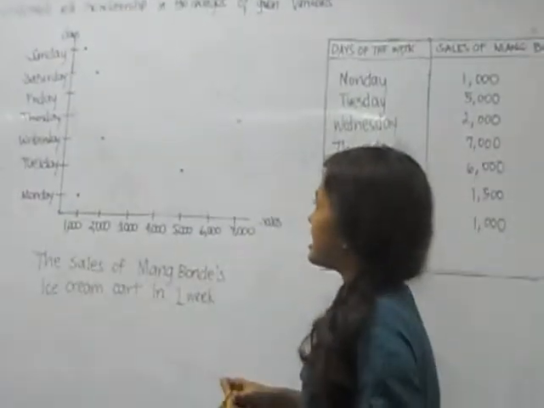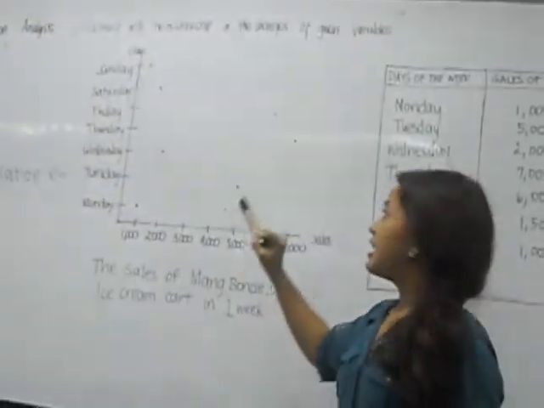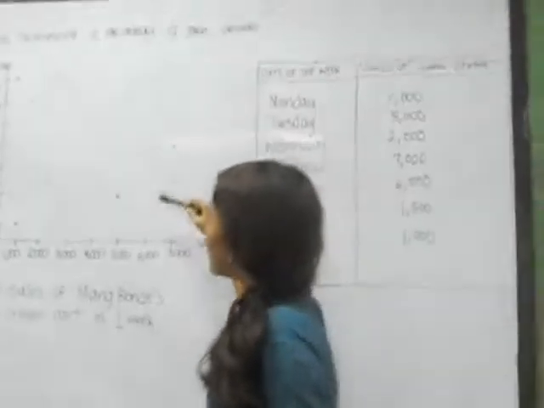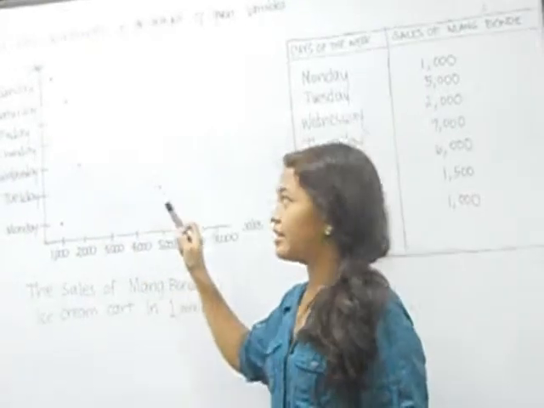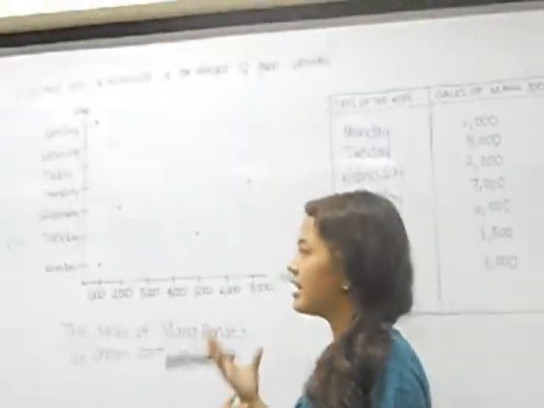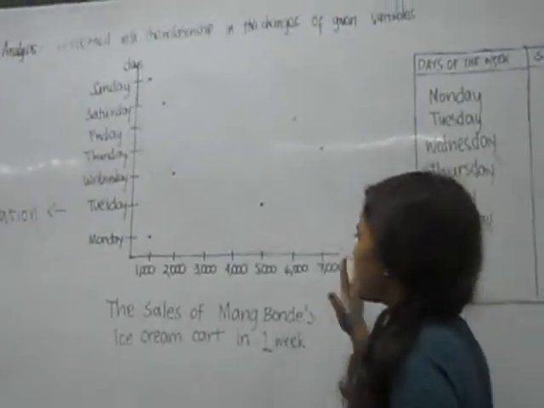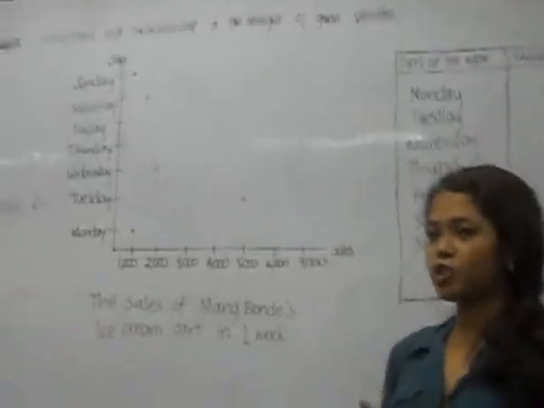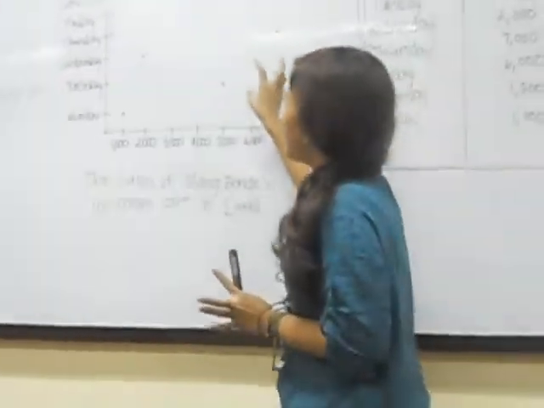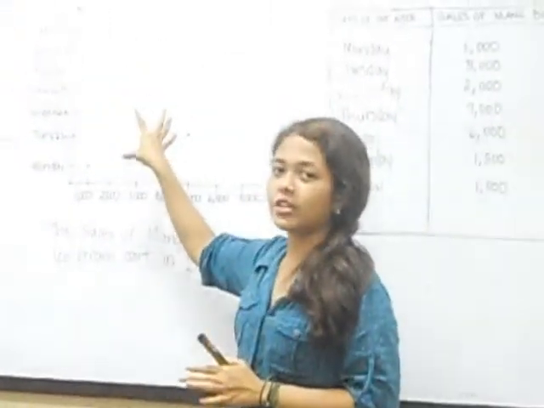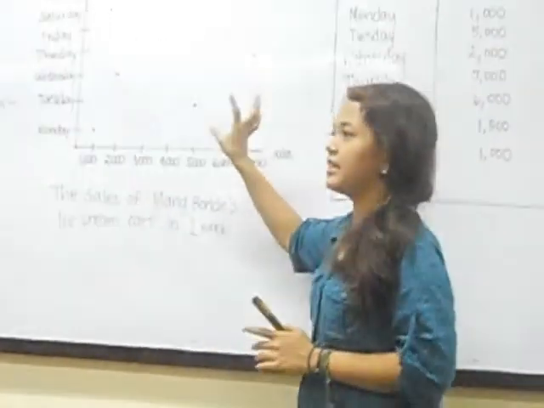As you can see, the points here in the graph are not forming a straight line because there is no correlation in each variable. So the key illustration for no correlation is that the points in the graph are not forming a straight line or any line inside the graph.